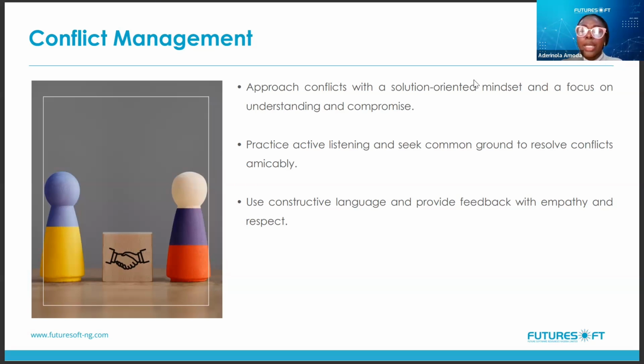That would foster common ground and ensure that you are able to resolve conflicts amicably. Now, using constructive language and providing feedback with empathy and respect is also a key feature of conflict management, which helps in developing emotional intelligence.